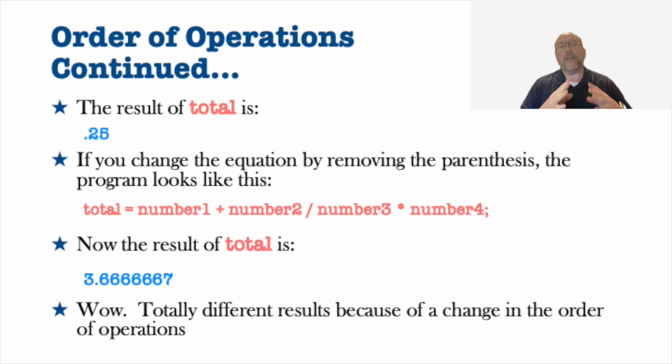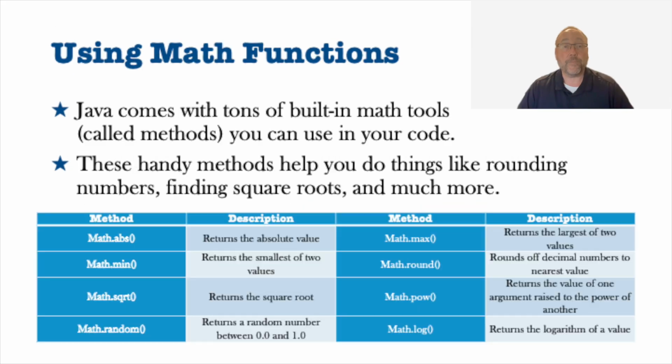But if I take that exact same equation and just remove the parentheses and run it again, the value of total is 3.666667. Wow, amazing how different the two values are just by removing the parentheses. That's why it's so important to remember the order of operations.